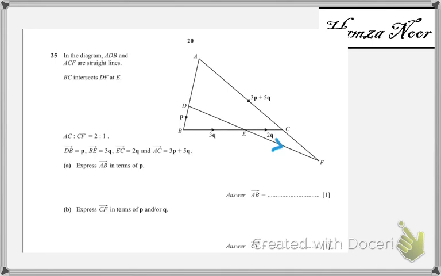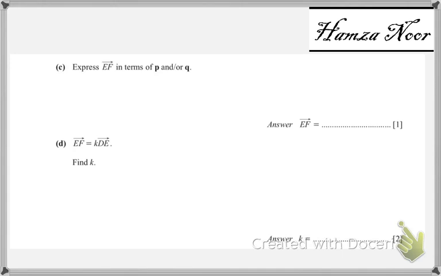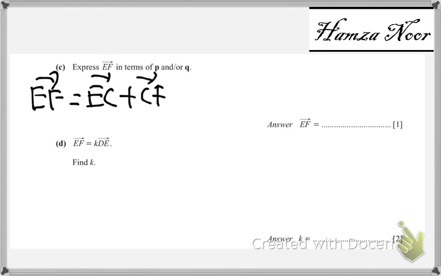The information which you are given in the question is that BC intersects DF at E. EF means basically EC plus CF. So you're just going to break it: EF is equal to EC plus CF. What is EC?